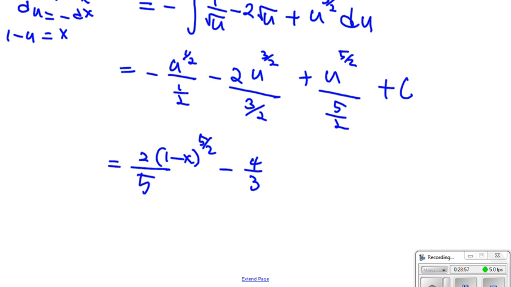Since u is equal to 1 minus x, so 1 minus x to the 3 over 2 power. Last one is here. Minus 2 times 1 minus x to the 1 half power plus c.